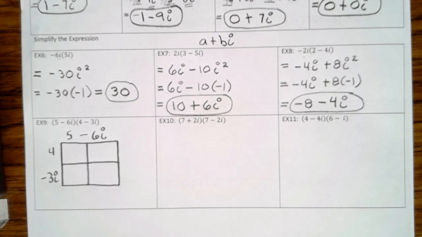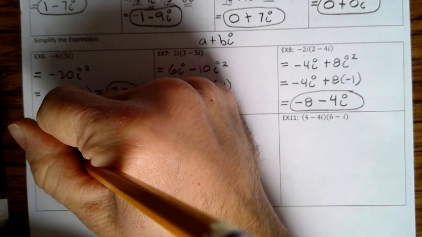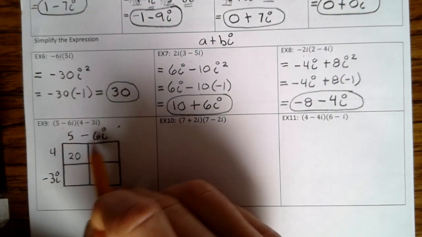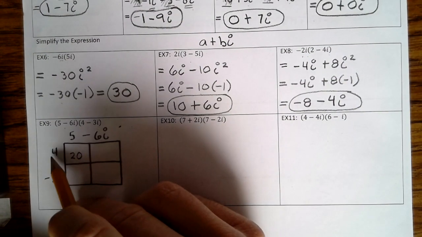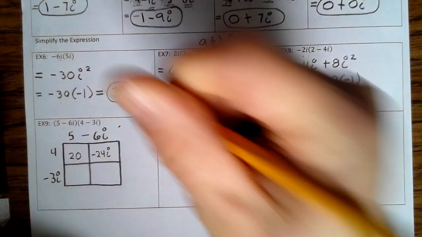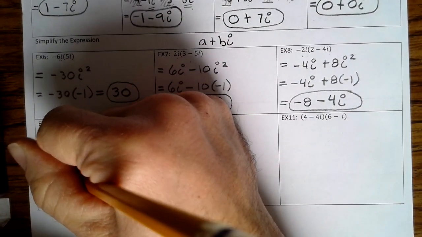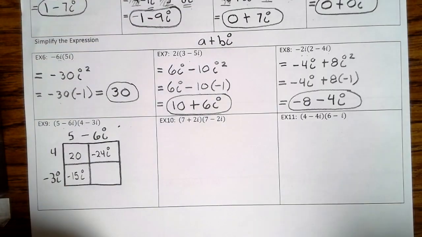So 4 times 5 is 20. 4 times negative 6 is negative 24i. Negative 3 times 5 is negative 15i. And then negative 3 times negative 6 is a positive 18i squared.